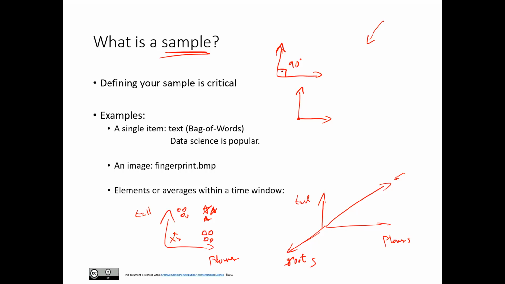Instead, what you might want to think about is that things are independent, right? This vector is independent from this one because it's 90 degrees. There's no projection to it. If I have a vector like that, I can project this vector to that other space, just like I can project this vector to that other space.